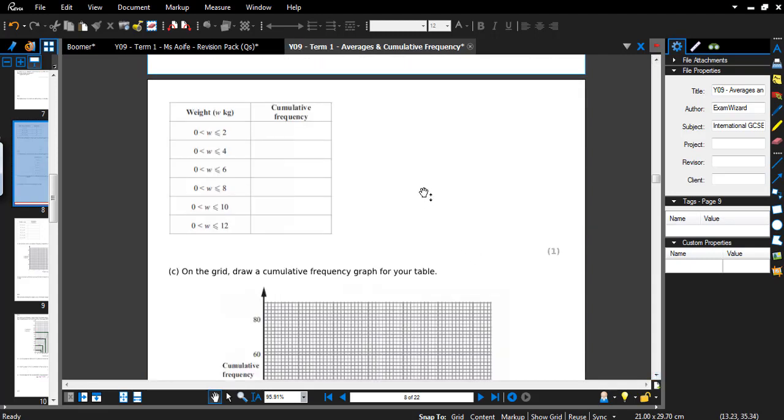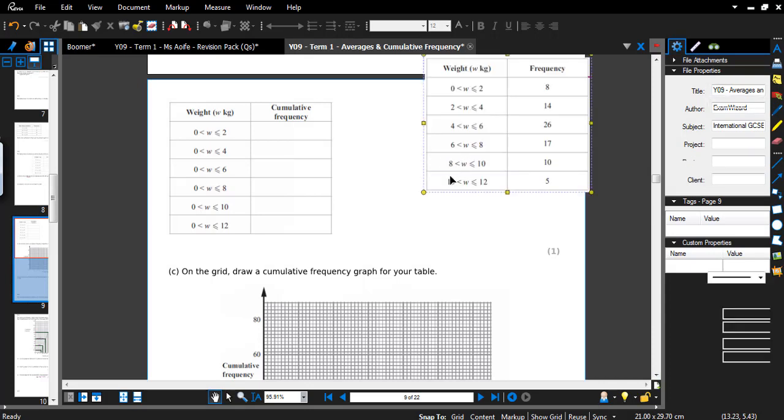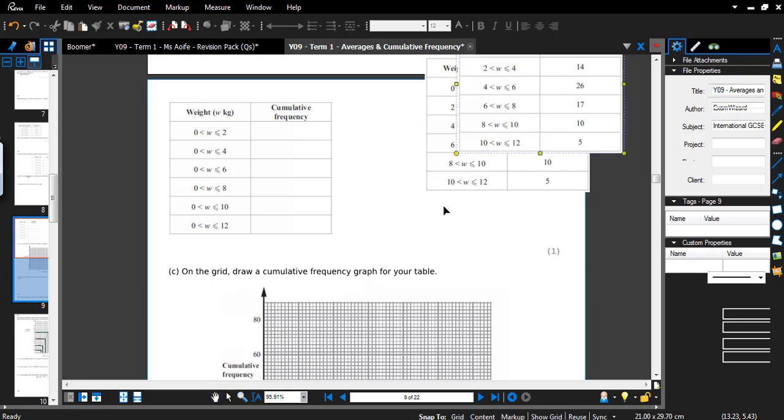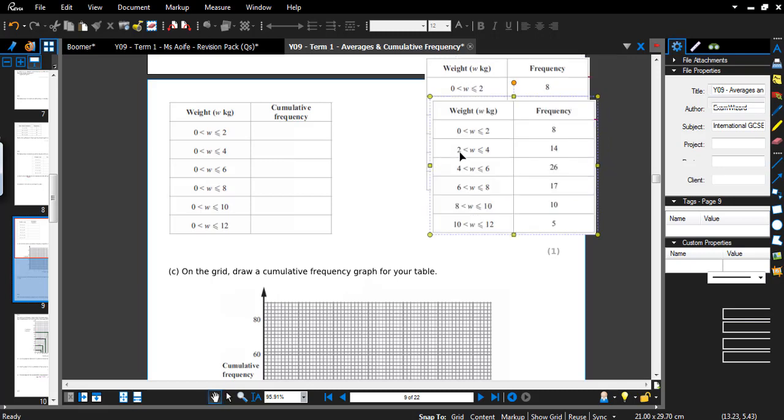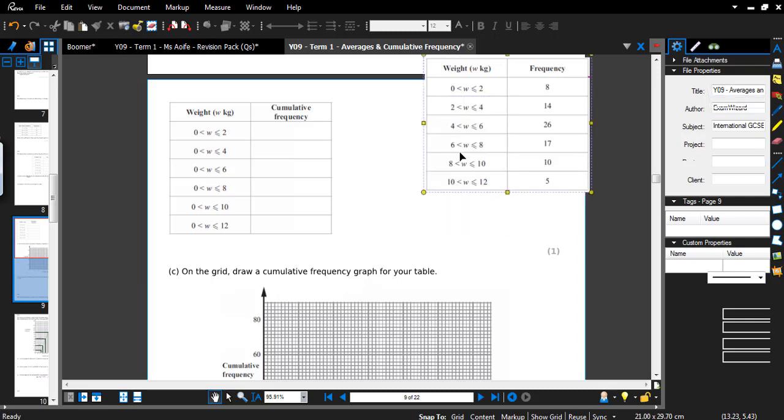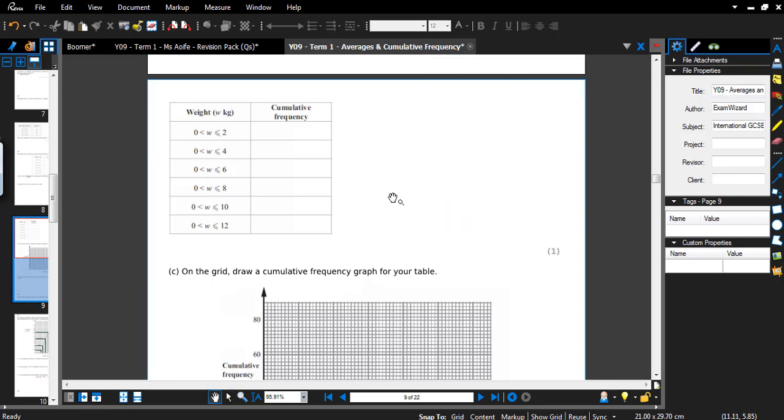So this is the table from above here, and we're just going to populate this little table here with that information.